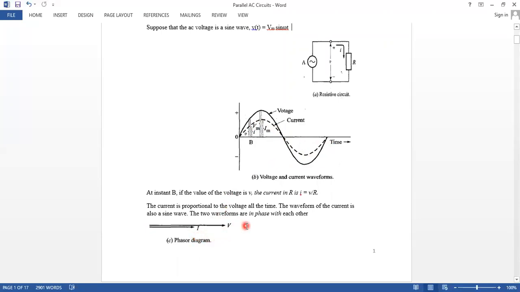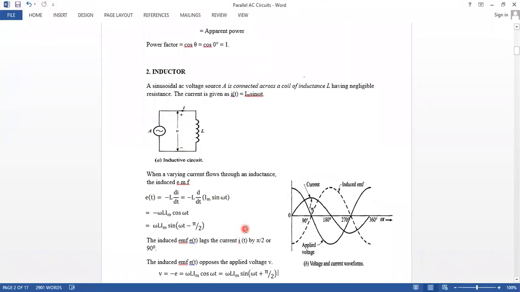That is why in a pure resistive circuit the power factor is unity. The power in any AC circuit is given by VI cos phi, so when the angle is 0, the power is equal to V into I for a purely resistive circuit.